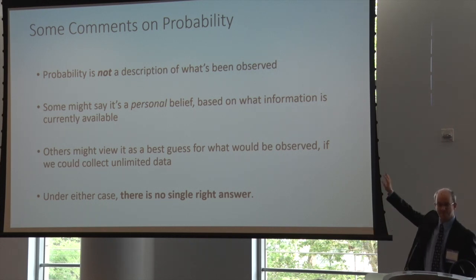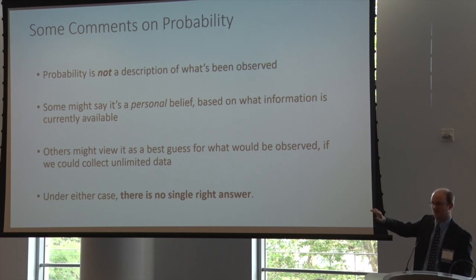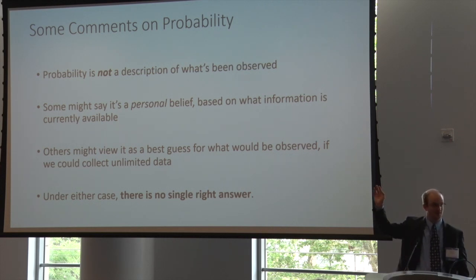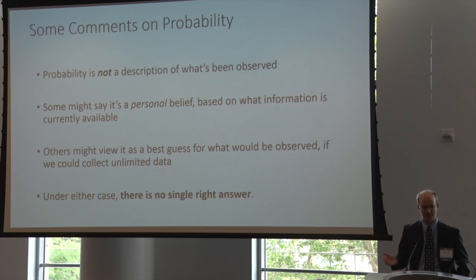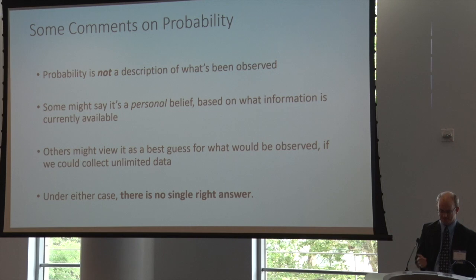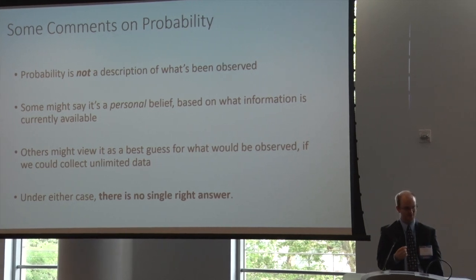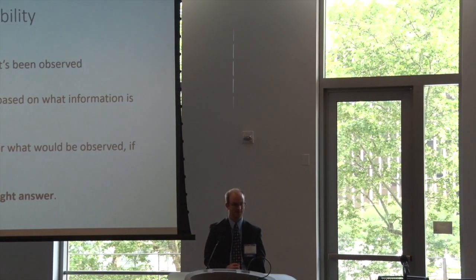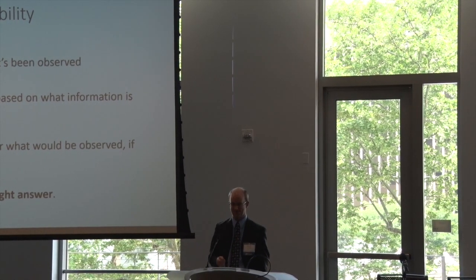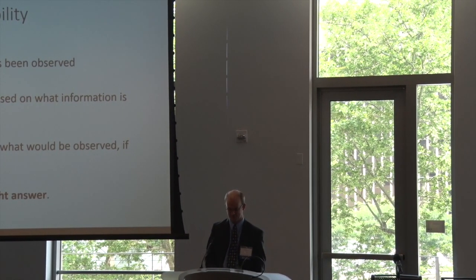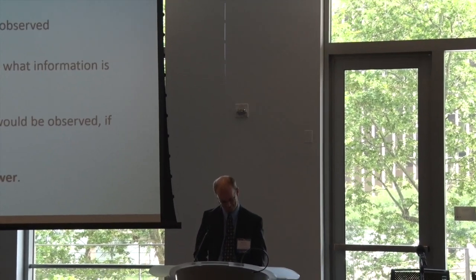So if we got to keep collecting all the comparisons to our heart's desire, we had infinite funding, then where would that distribution converge to, and what proportions would we see under each of those scores? But under either of these perspectives, there is no single right answer. There is not one universally appropriate interpretation or representation of that data in the form of a probability distribution.